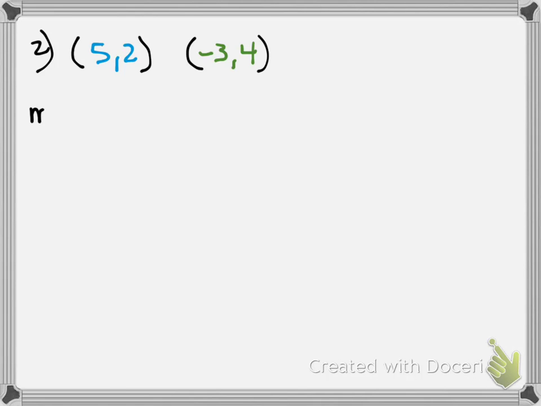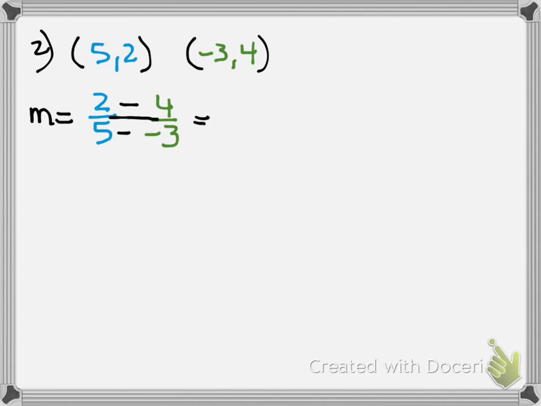To figure out slope, I'm going to take each ordered pair and turn it into a ratio, y on top, x on the bottom. Second ordered pair, y on top, x on the bottom. Connect them, subtract them.